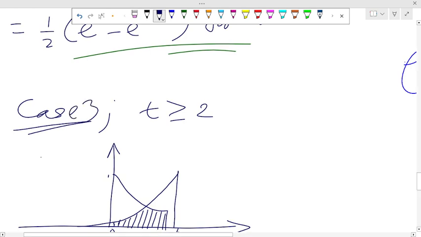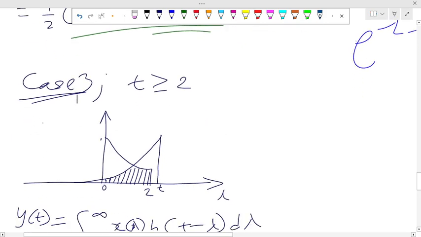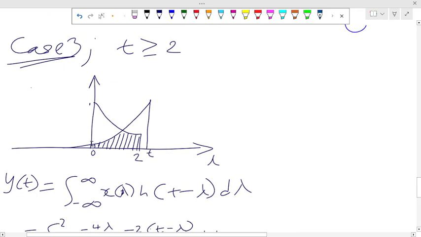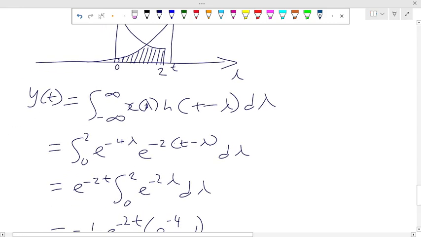So in case 3, when t is greater than 2, you can see this is where they meet. The range will now be 0 to 2. So instead of negative infinity to positive infinity, the range will be from 0 to 2.